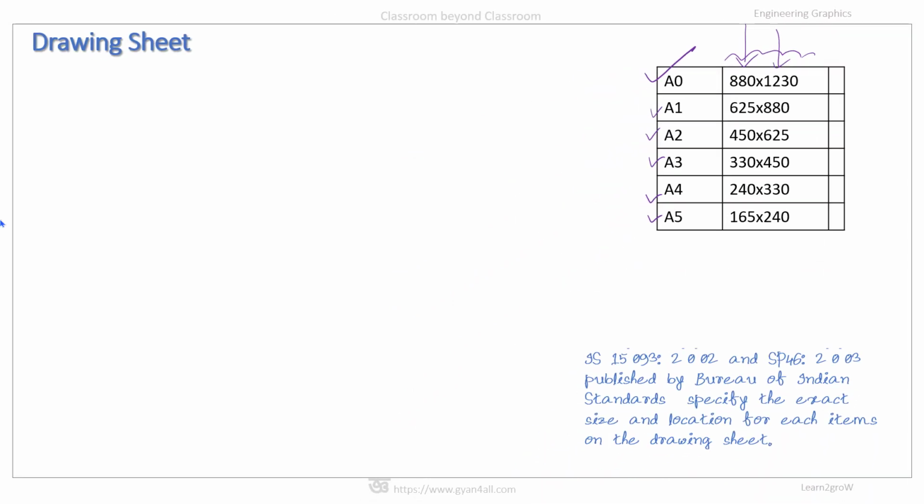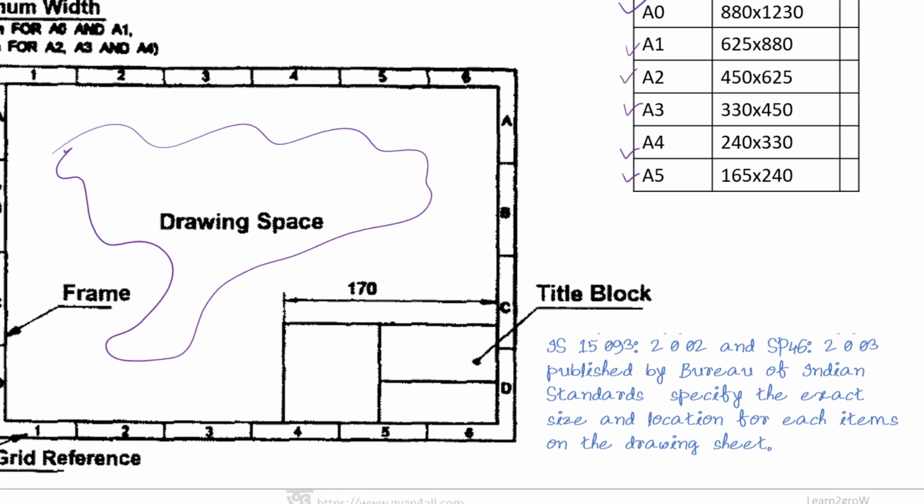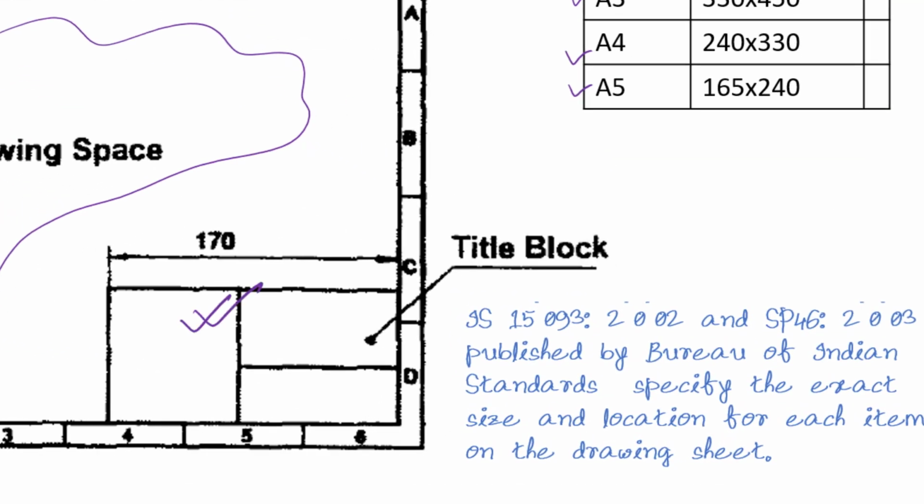And a typical layout of drawing sheet containing frames, title blocks, space for text and other information is given here. So this is the space for drawing, and this is the title block of the drawing sheet. And as per ISI, this should be 170 by 65, the title block.